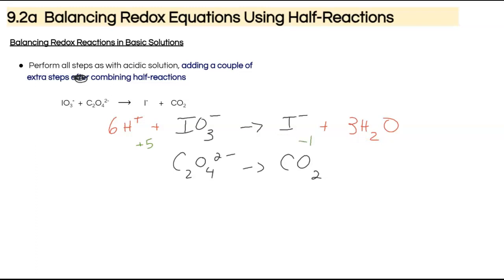And so that means that I need to add electrons in to balance all of this out. So I need to add 6 electrons in to balance the charge, to give me an overall charge of negative 1 on my reactant side.